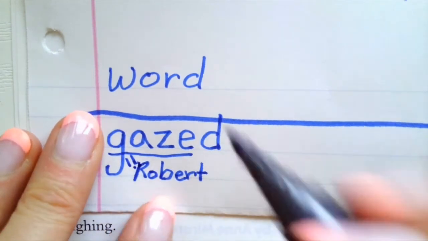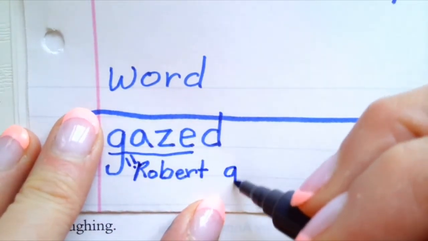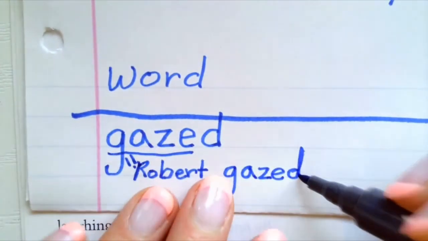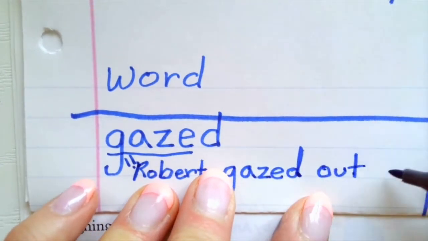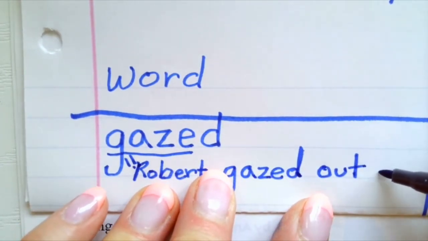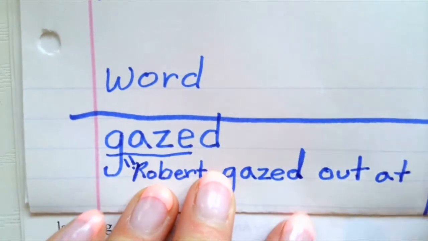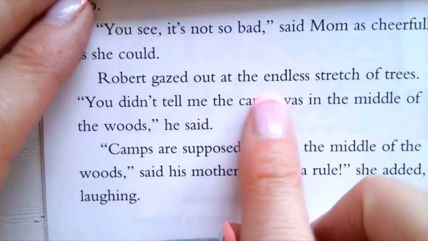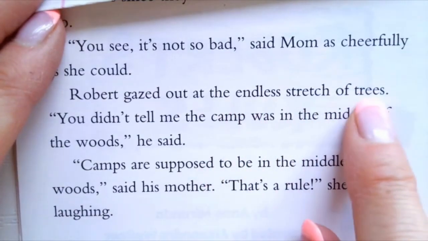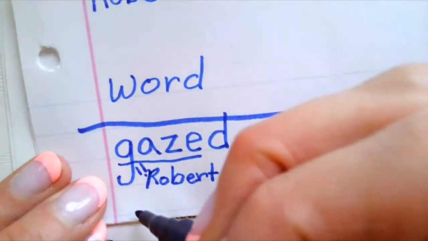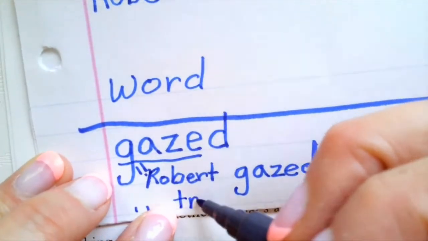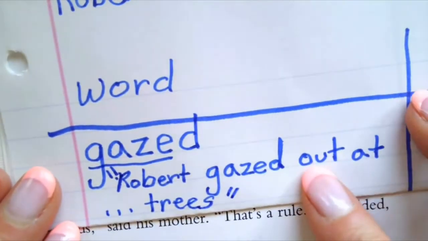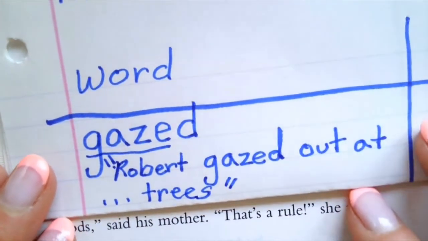These are Anne Miranda's words. Robert gazed out at, and I'm going to show you another trick. I don't want to write the entire sentence. I can just say ... trees. So gazing was something he was doing out at trees.